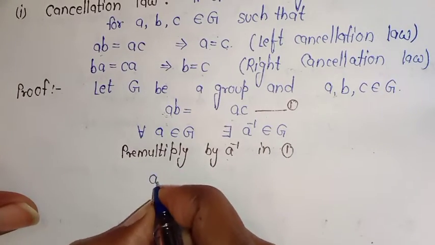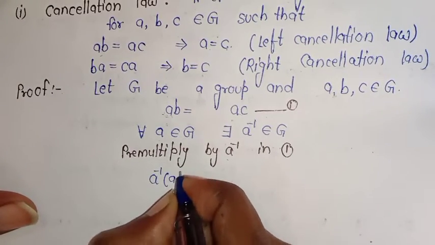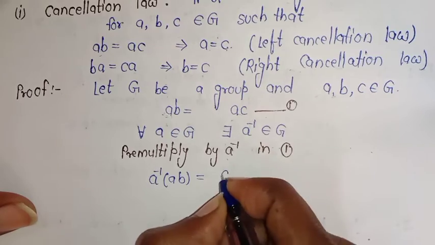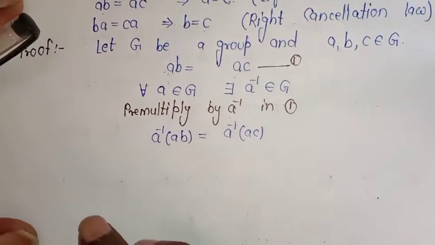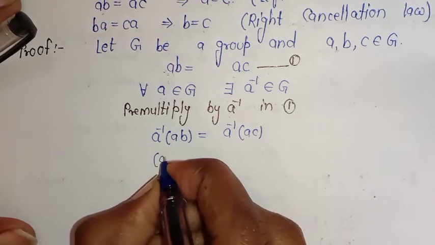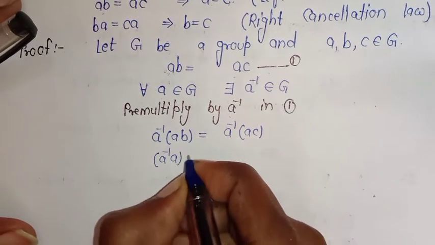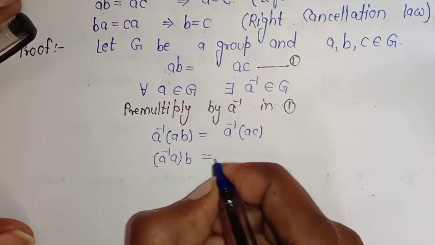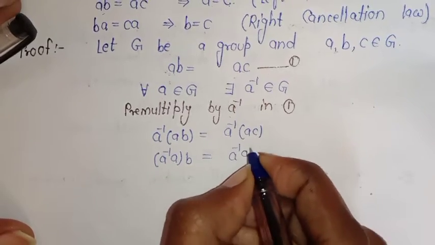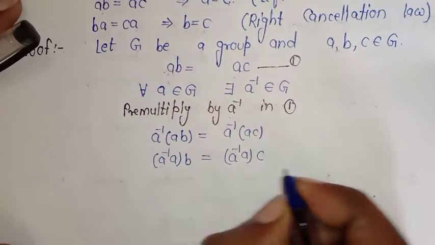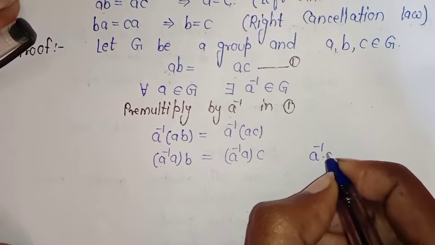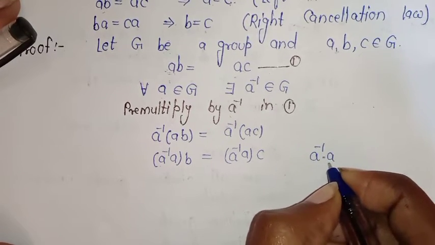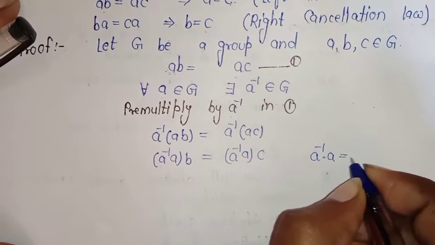So if we multiply, we get a inverse ab is equal to a inverse ac. By using associative law, we can write it as a inverse a into b is equal to a inverse a into c. As we know, when the inverse of an element is applied with the same element, we always get identity.